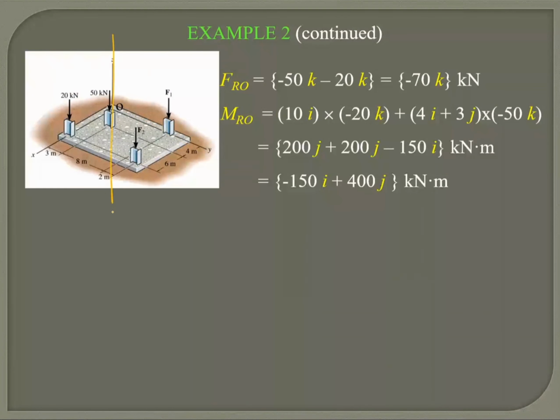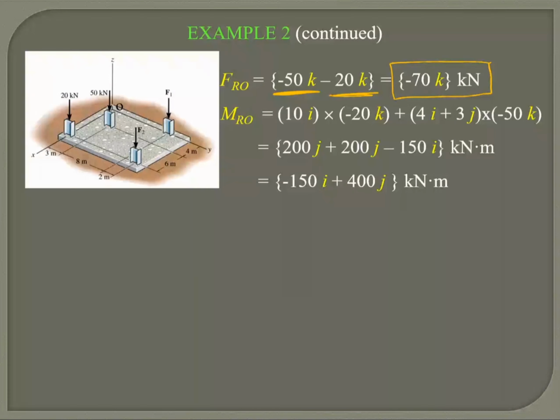I've only got force acting in the vertical direction. So this is minus 50 kN, because it's in the negative Z direction. So I've got my minus 50 K here. This one is again negative, acting vertically downward. I've got minus 20 K here. So the sum of all the forces gives me minus 70 K. That's the resultant force.